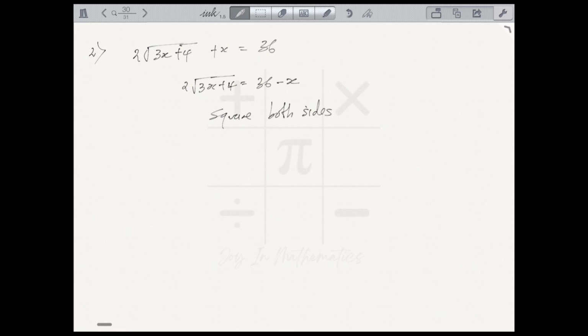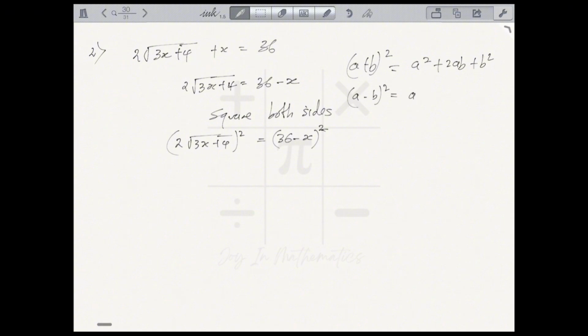So if we square both sides, we have 2 square root of 3x plus 4, all squared, is equal to 36 minus x, all squared. Now let's take a quick recap on algebraic expansion. If we have a plus b all squared, it will give us a squared plus 2ab plus b squared. However, a minus b all squared is going to give us a squared minus 2ab plus b squared.